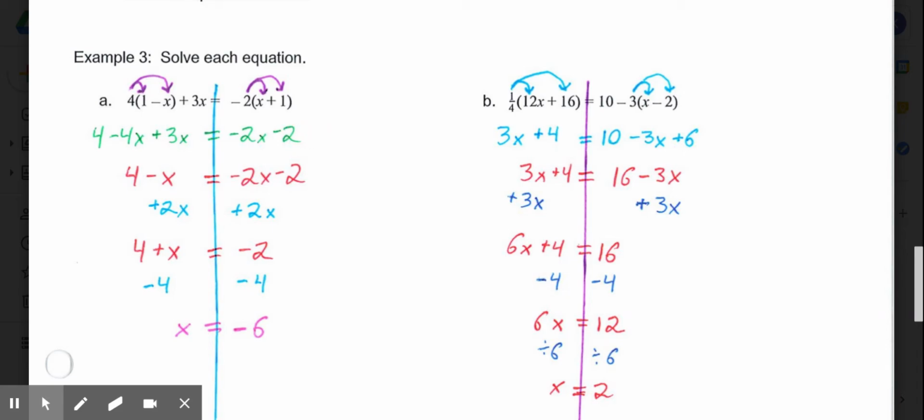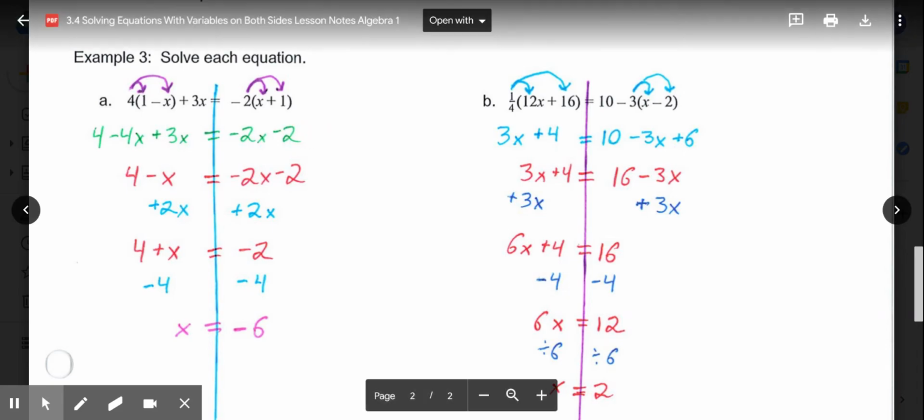Then we want to combine like terms, which we can do on the left, which is a negative 4x plus a 3x. Negative 4x plus 3x is a negative 1x. So we're left with 4 minus x, or 4 minus 1x.